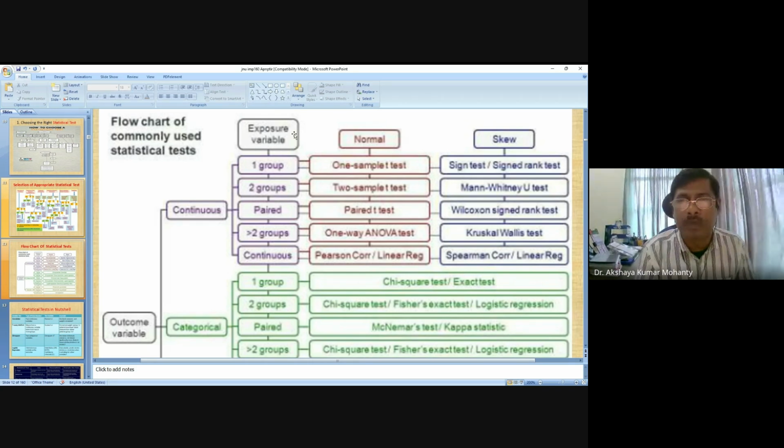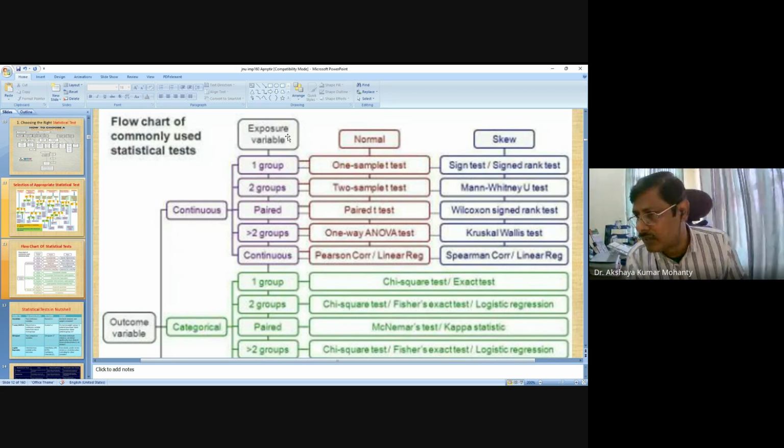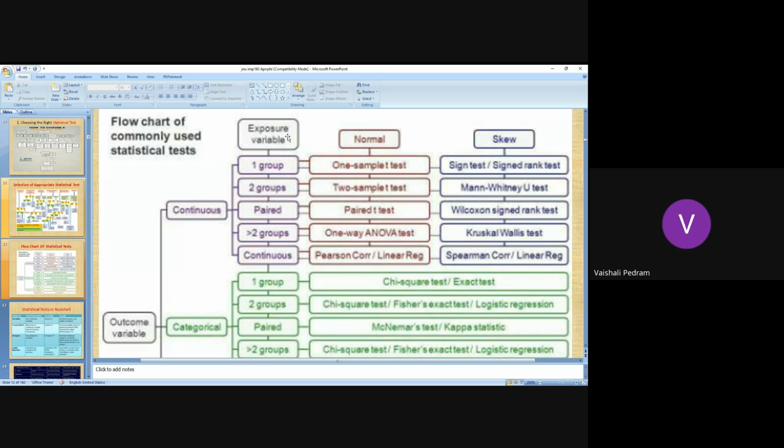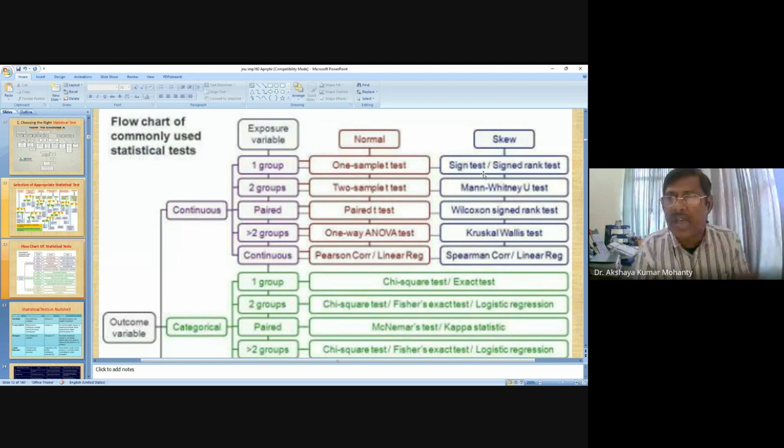In the previous two slides, I did not put an exposure variable. Am I right? You wrote independent variables. The third slide is giving you extra knowledge as the exposure variable. Other things remain as they are.